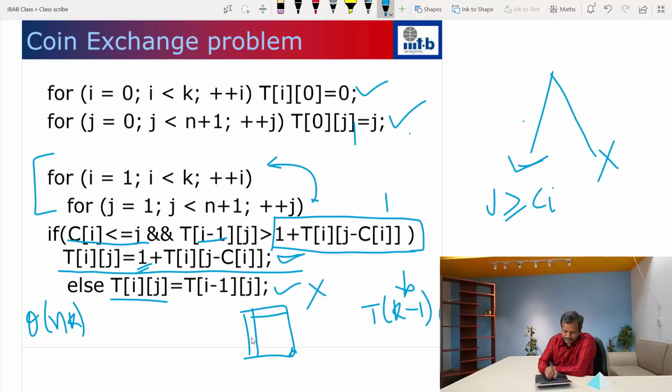The ijth entry is decided by two values: one is the I minus 1 comma j entry, and the other is the value on the left hand side. Take the minimum of these two values and then decide the value of T of I comma j. So you can fill it either row wise or column wise. In other words, the order in which you write these two I and j loops does not matter.